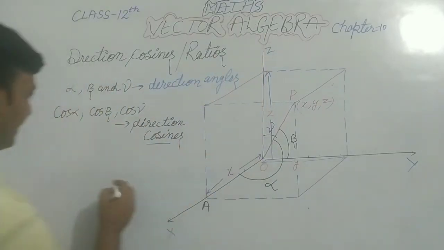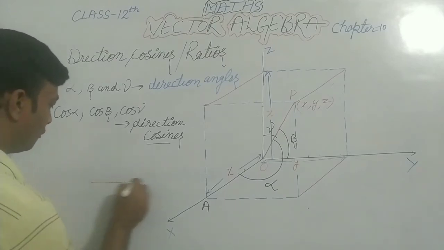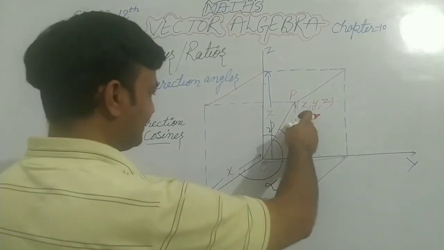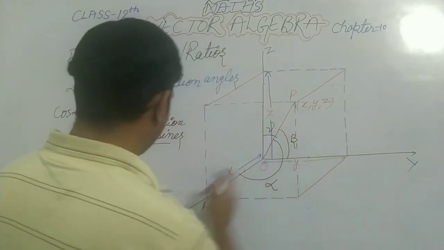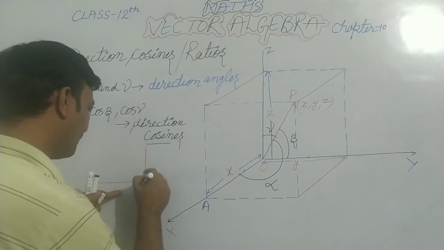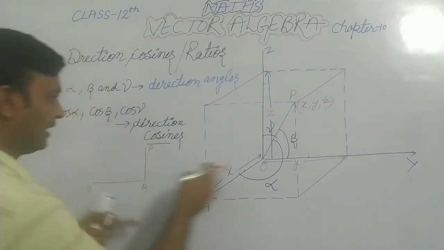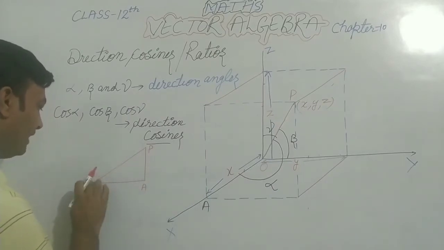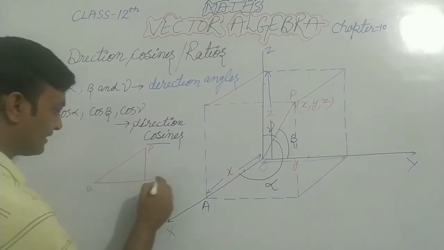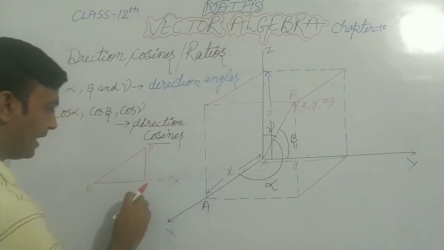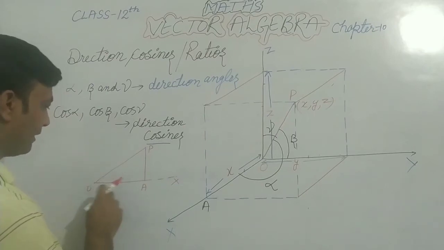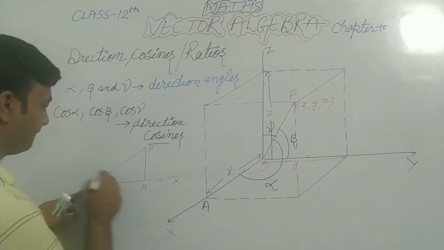Here OA is only imagination. AP is perpendicular to OA, we can imagine here, and A is a point on the x-axis, you can see in the figure, and OP makes angle alpha with the x-axis, isn't it?